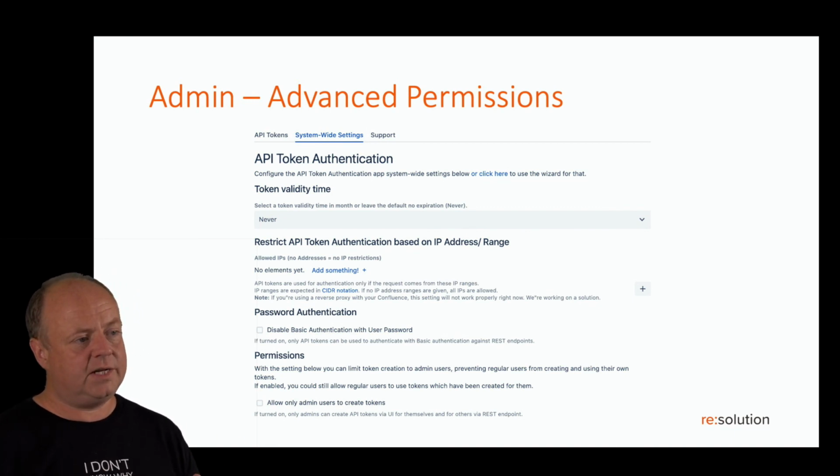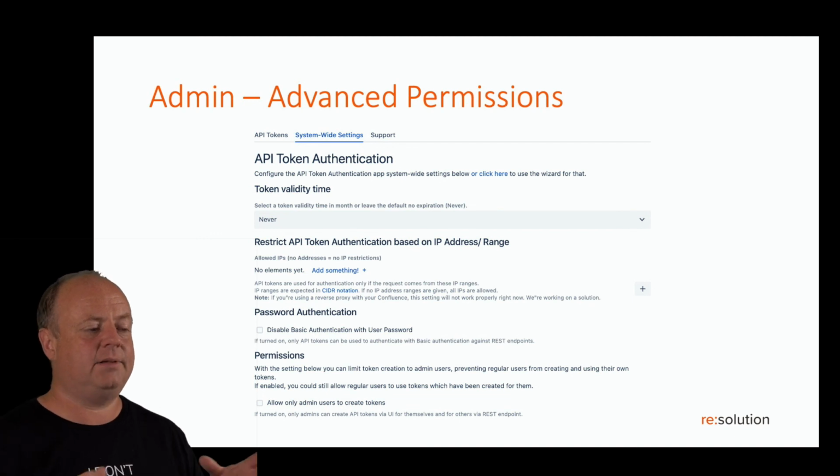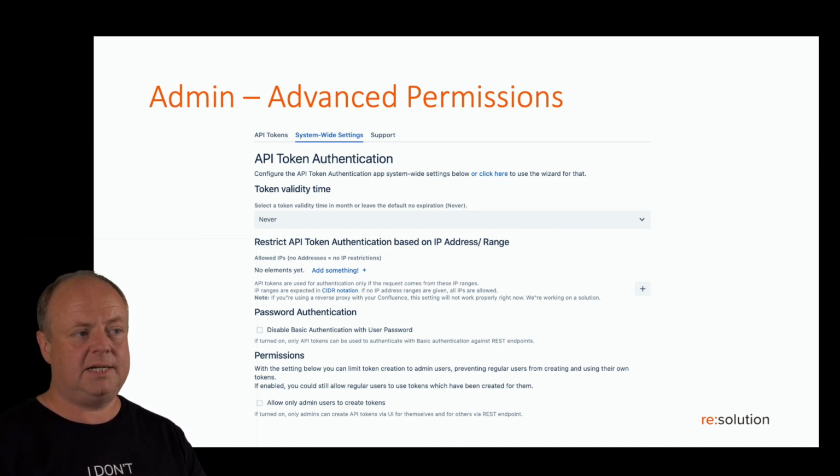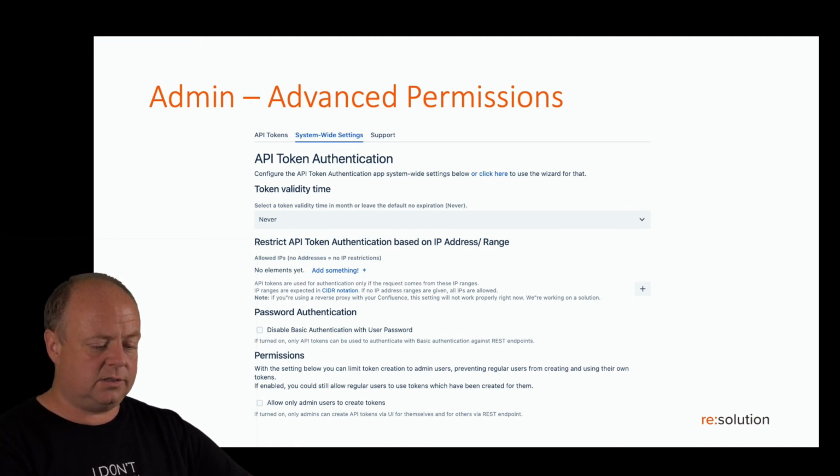And another pretty cool feature is that you can completely disable basic authentication with username and password. So far, if that's not disabled, users can still use their username and password to do that. But this setting allows you to completely disable the old way so that only authentication via tokens is allowed.